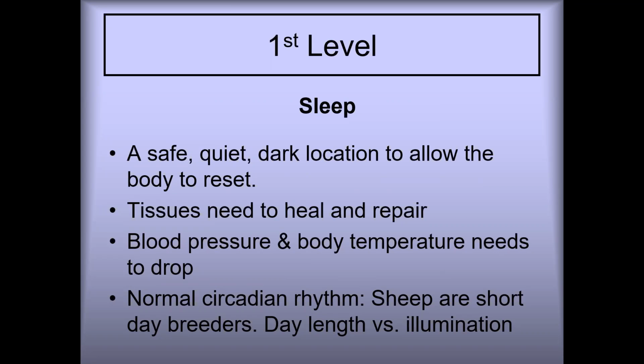That also ties into what we need to think about as far as the normal circadian rhythms for small ruminants. Since they are a short day breeder, they cycle naturally when the daylight is shorter and the nighttime is longer.